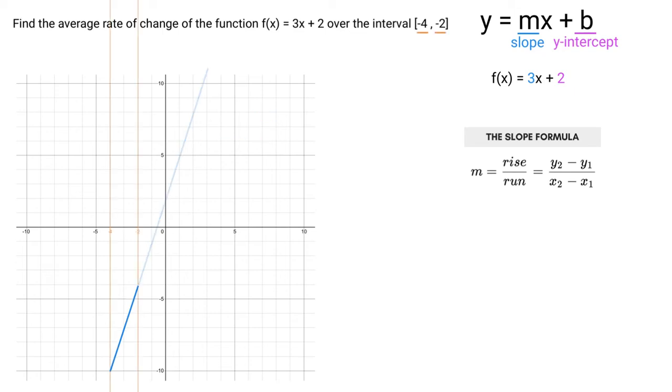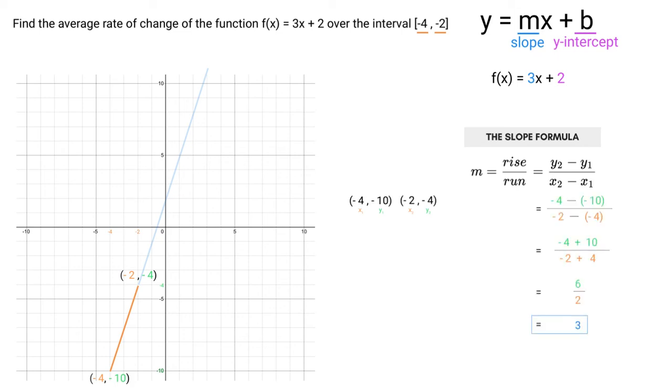So here I highlighted the part of the linear function that's in the interval -4 and -2. So now I'm going to plot the 2 points and show you how I use the slope formula to find the average rate of change. Notice how I wrote down my 2 points from left to right and then carefully labeled them with the x and y coordinates of the first point and the x and y coordinates of the second point.